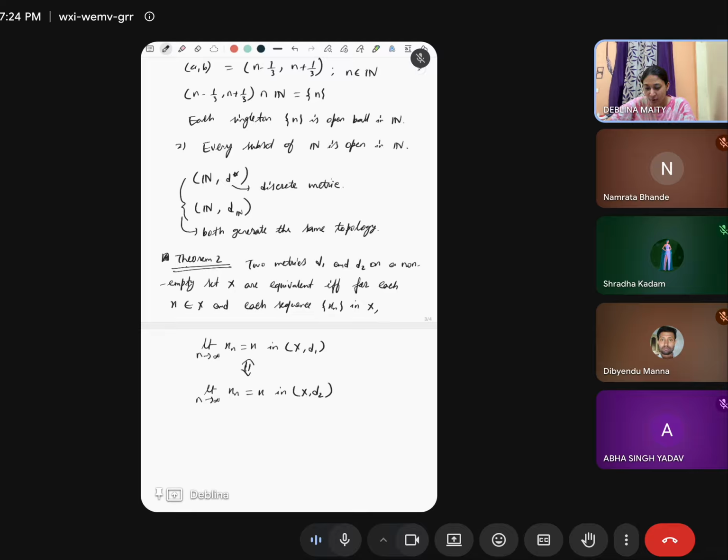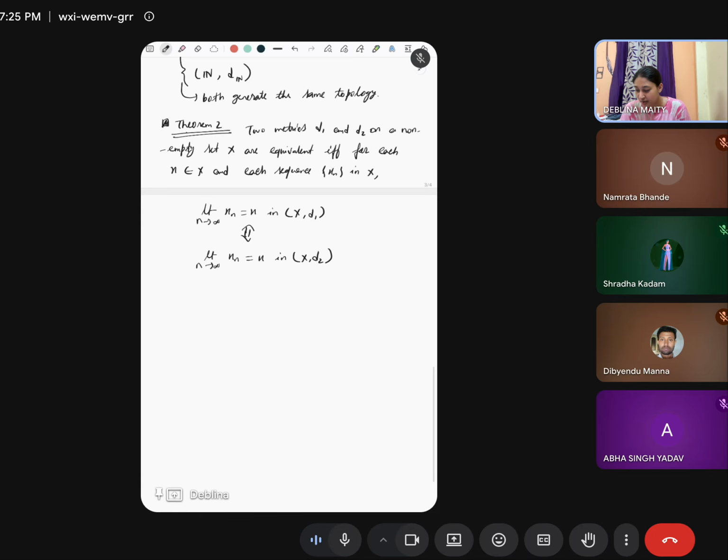Okay, so I'm not going to the proof. You can check any proof for this, and it is easy. You can also do it on your own. I will use this theorem to prove that (X, d) and (X, d1), where d1 is d by 1 plus d, are equivalent.